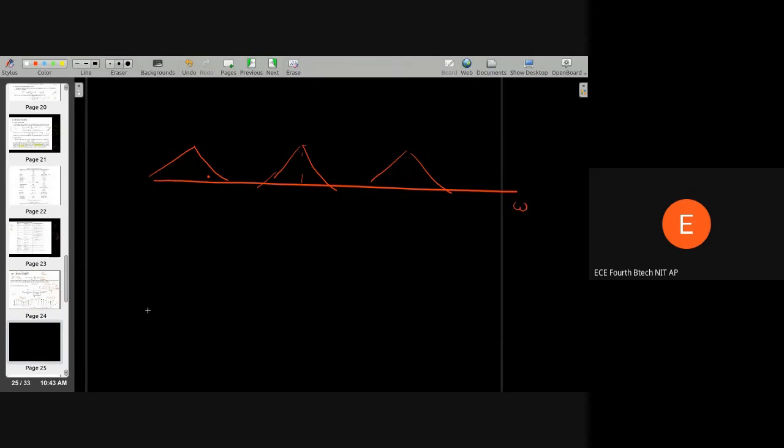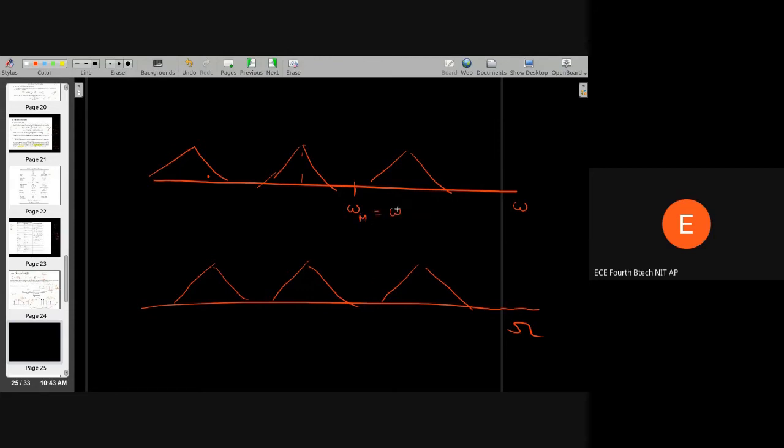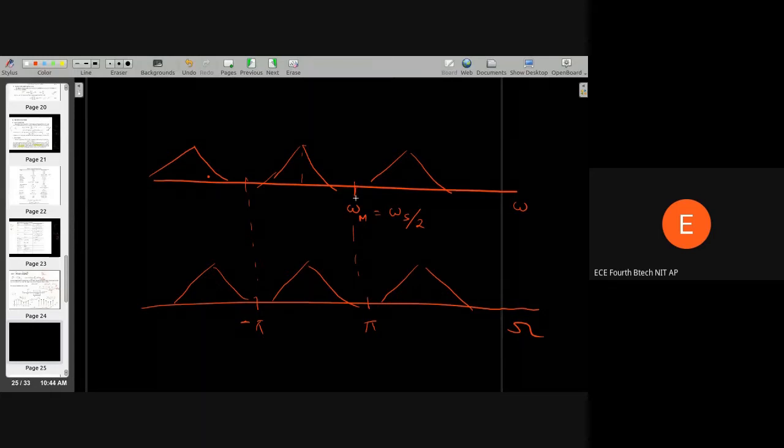This is your omega. It will be mapped to minus pi to pi. Whatever the maximum frequency is in your signal, we call it a band limited signal.